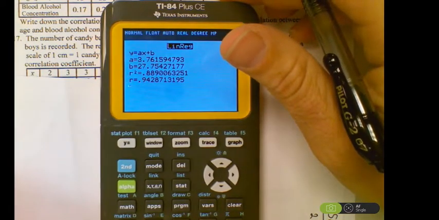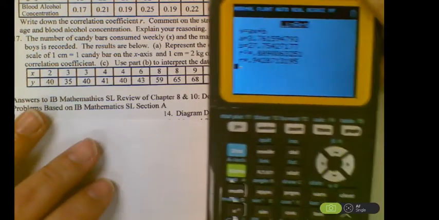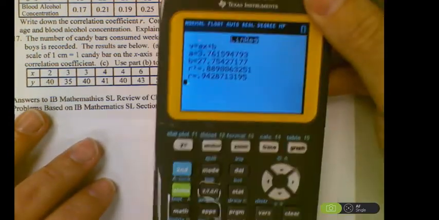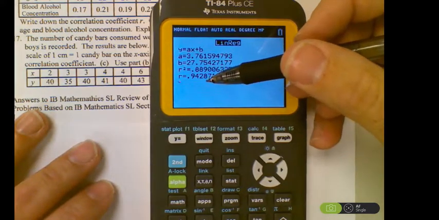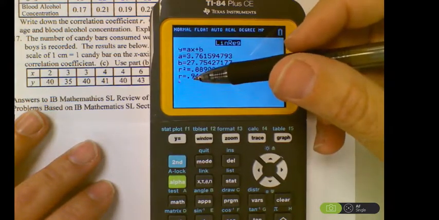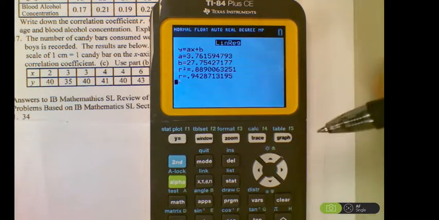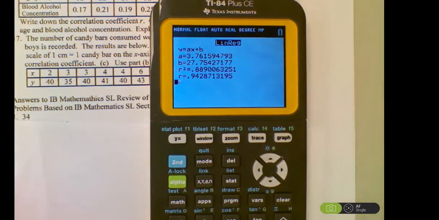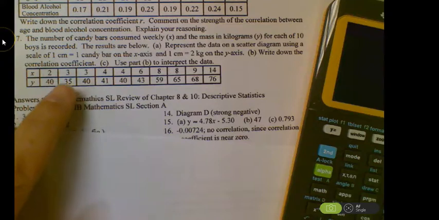And then to interpret what that means, there's really two ways to interpret it. So first of all, it's positive and strong because it's obviously positive and it's really close to 1, which means it's a really strong relationship. The other way you could throw in some information is to relate it to the actual problem that was tested here.